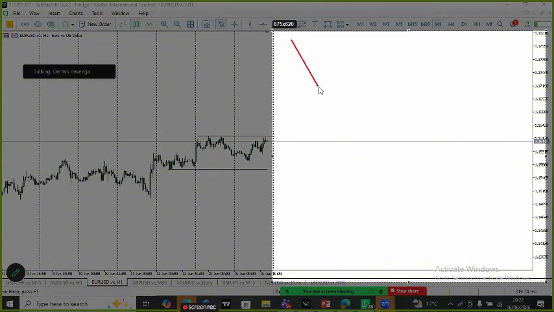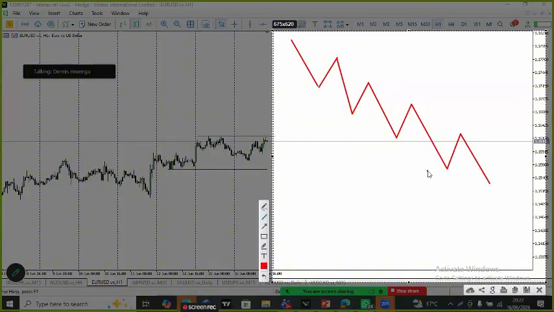You have the first swing, pullback, or what you'll commonly hear as retracement, another swing lower, pullback, another swing lower, and then pullback, and then another swing lower. This is the ideal bearish market structure. So a series of descending what? A series of descending peaks and troughs.